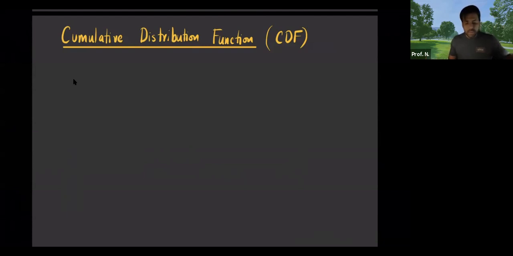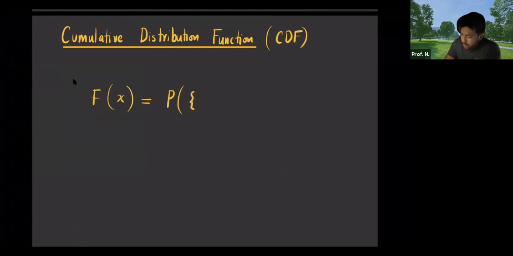The notation for the cumulative distribution function is the following. We're using an uppercase F, and the x is the value of the random variable. It's the probability that your random variable is less than or equal to the particular value that you're considering.